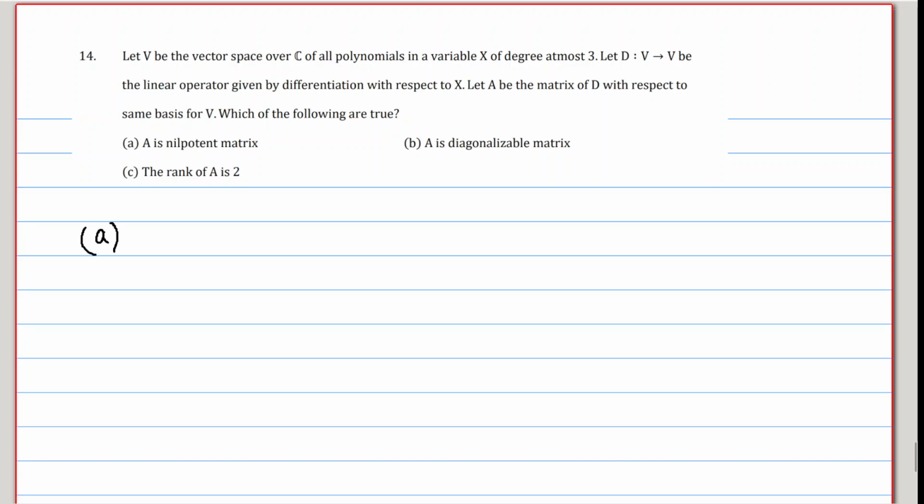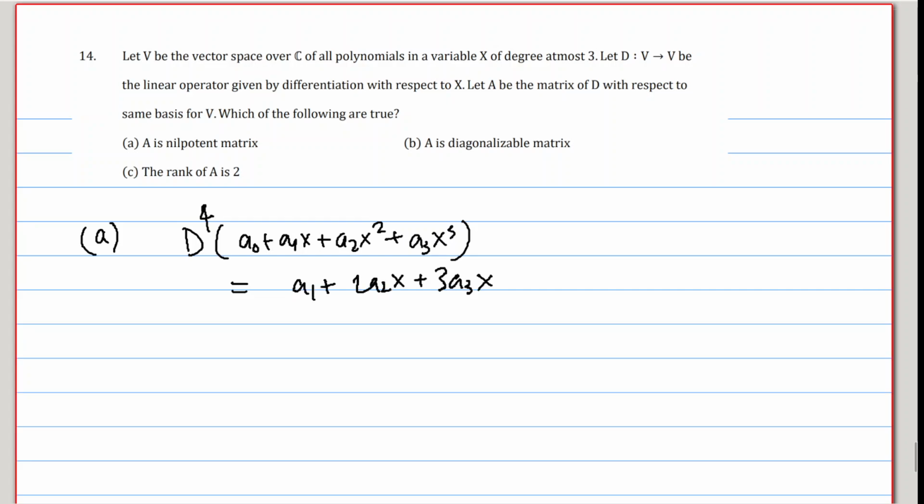So why is A nilpotent? Because you do D of a0 plus a1x plus a2x square plus a3x cube. Let's do D4 of this. First differentiation gives a1 plus 2a2x plus 3a3x square.